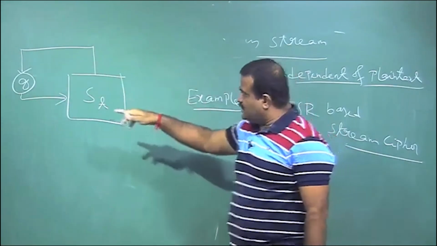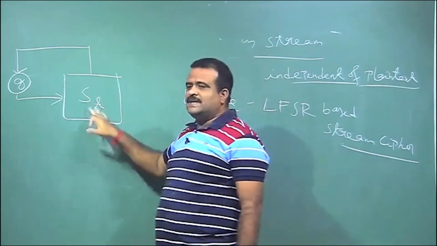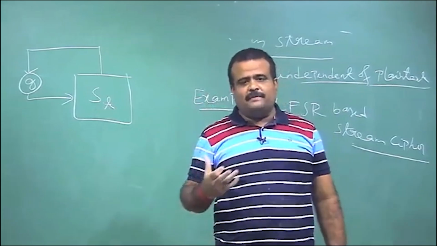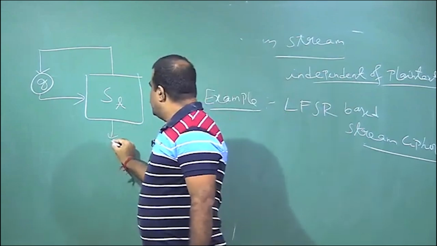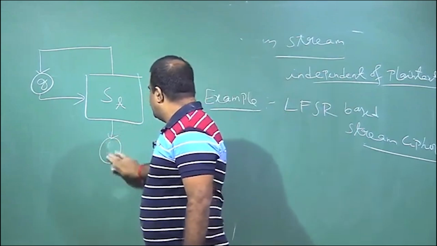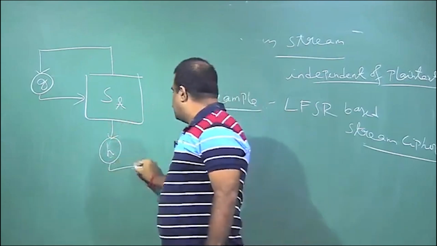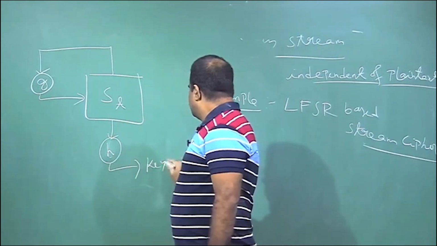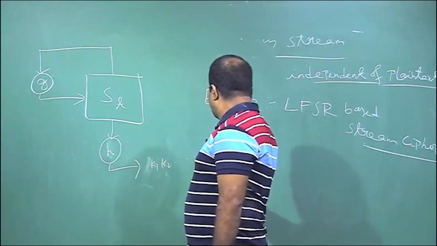This state is initialized by the secret key shared between Alice and Bob, and then we have another function H, which takes the content of the state and gives us the key stream K1, K2, up to Ki.